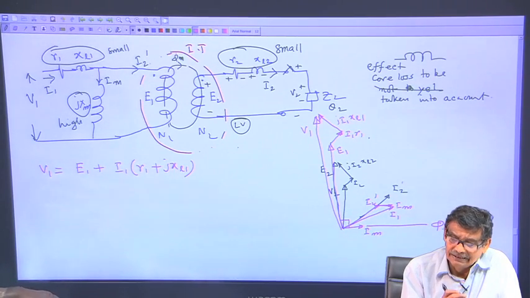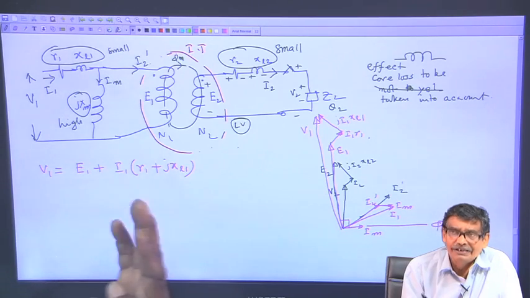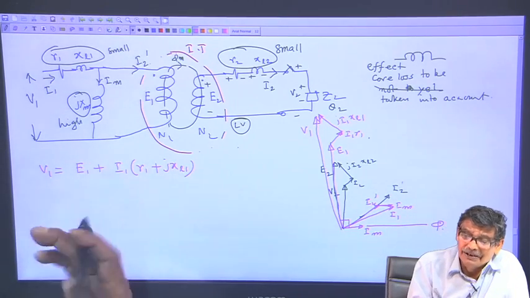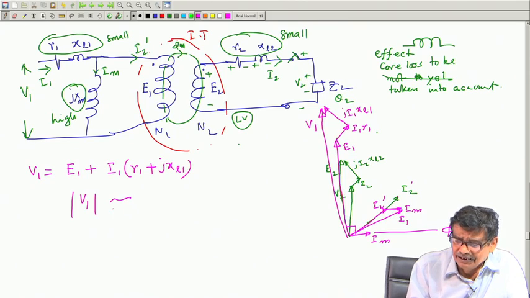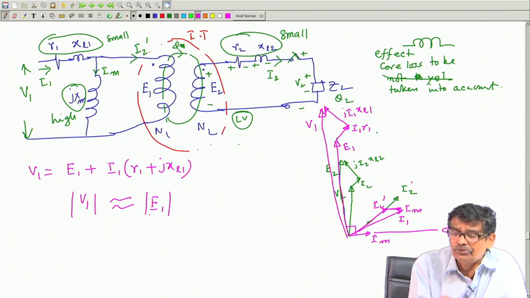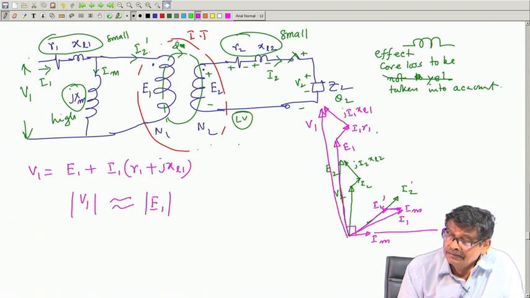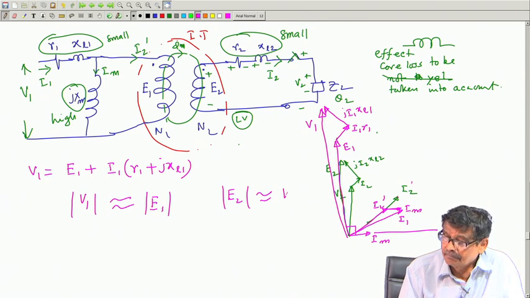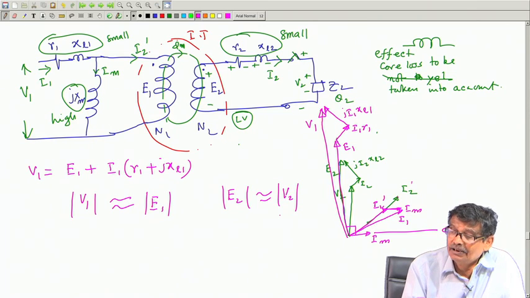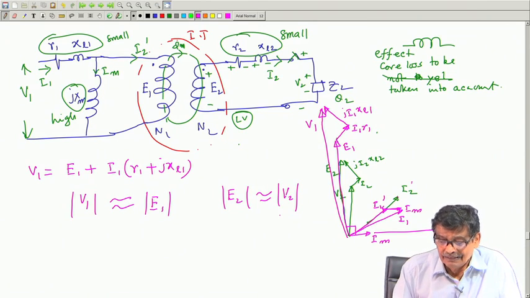But the thing is R1, Xl1 is small. So, I can say the magnitude of V1 and E1 will not be exactly equal, but their magnitudes will be very close by, because these elements are small. Similarly, E2 and V2 will also be very close by, because R2, Xl2 are small.